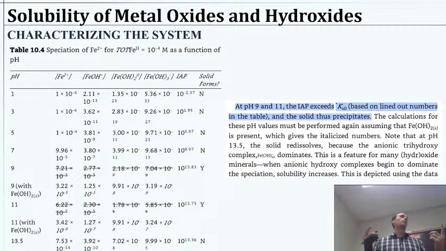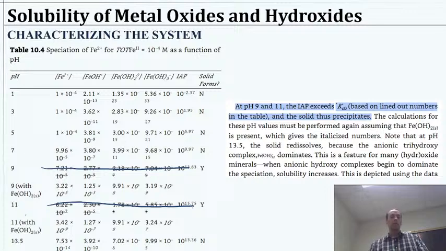In the table from the book, highlighted right here and right here, at those particular pHs, 9 through 11, the ion activity product is greater than the solubility product. So under those cases, we know, all right, we have solid formation.